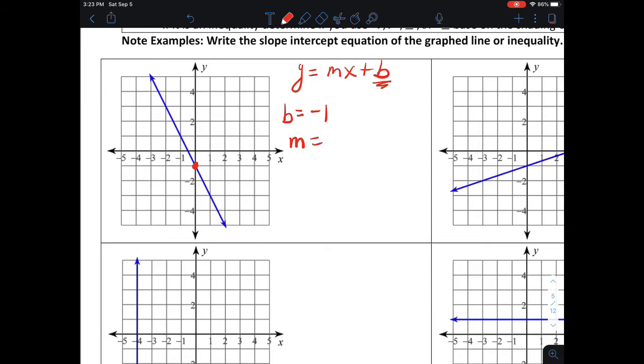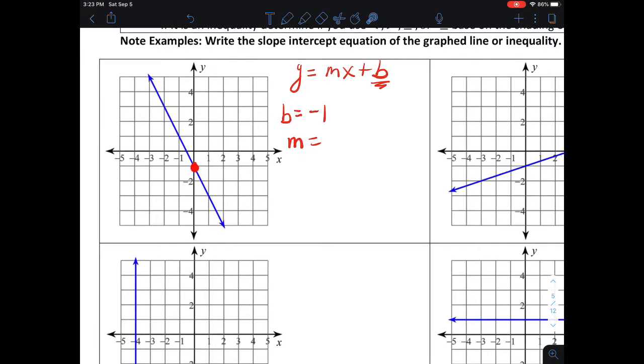Now, a lattice point is nothing more than somewhere where the graph crosses perfectly in the corner of one of those grid boxes. And so I'm going to find the one that's closest to the y-intercept, and the next place I see is right over here at 1, -3. So I'll put a dot there. Now what we're going to do is we're going to find our slope, and you always start from the point on the left side and figure out how to get to the point on the right side.